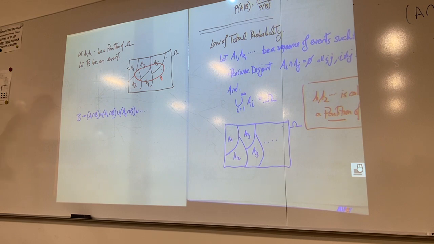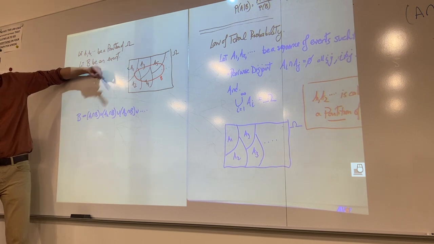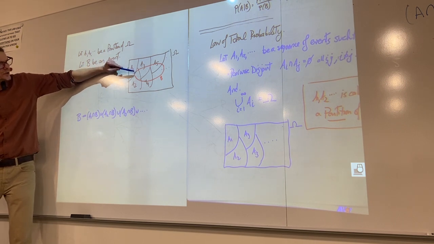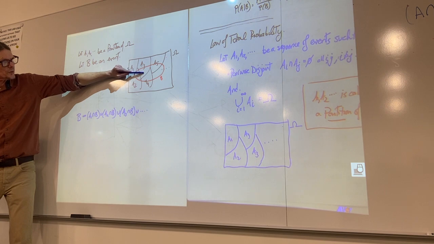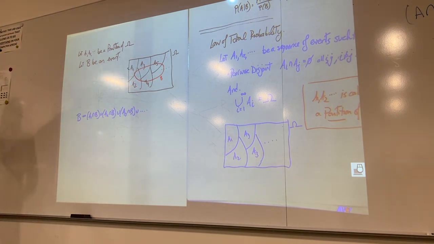Do you agree with that? That this oval B is the union of this piece, unioned with this piece, unioned with this piece, and so forth. Does that make sense? And for a partition, the events have to be separate. They can't be the complement of an event.